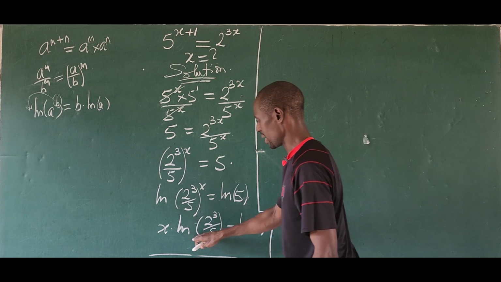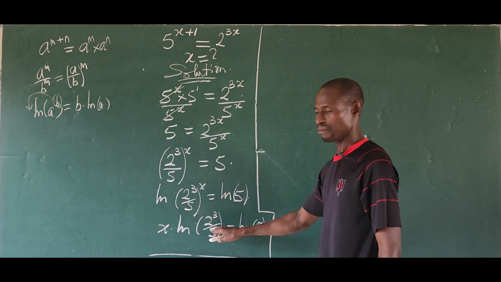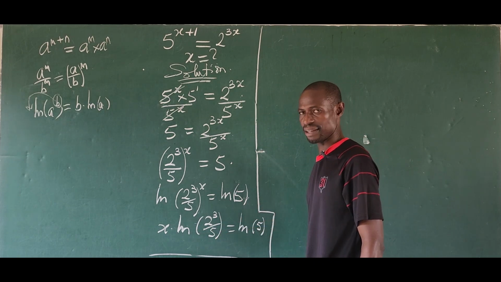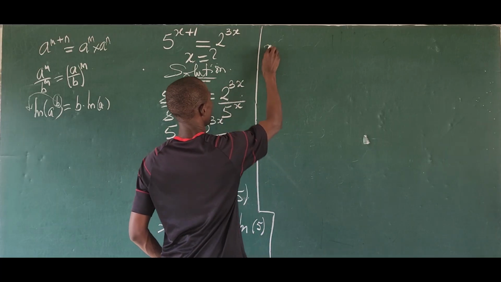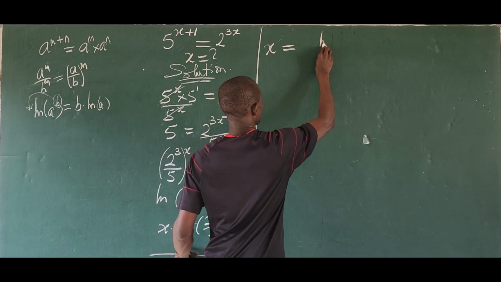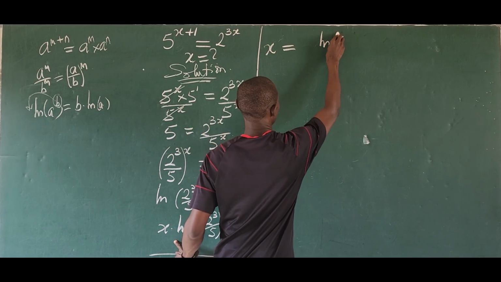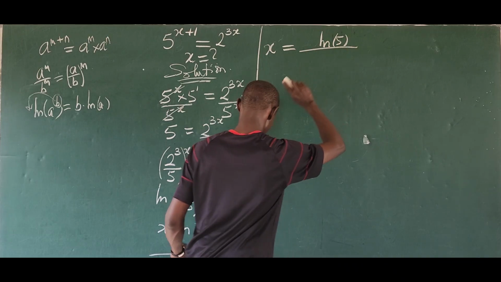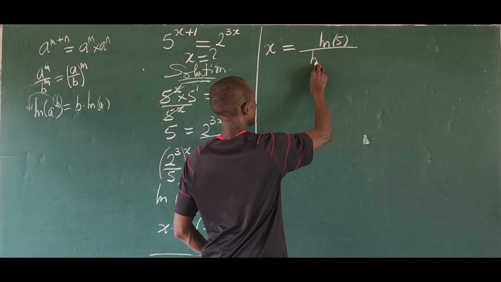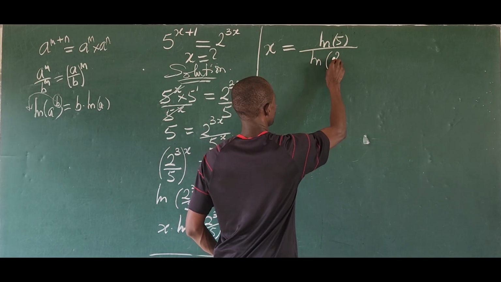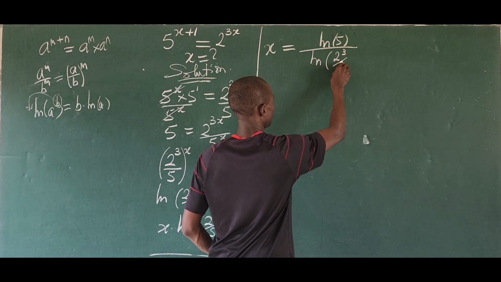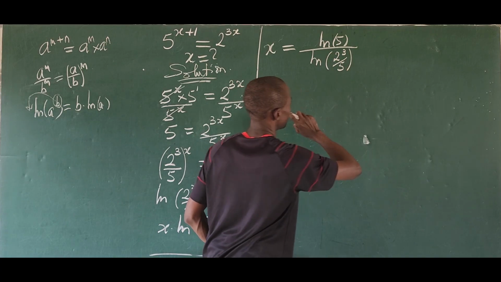Let's divide through by the ln of (2 to the power of 3 all over 5). If we do that, x will now be equal to the ln of 5 all over the ln of (2 to the power of 3 all over 5).